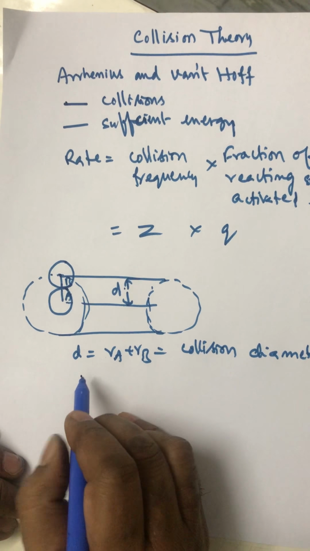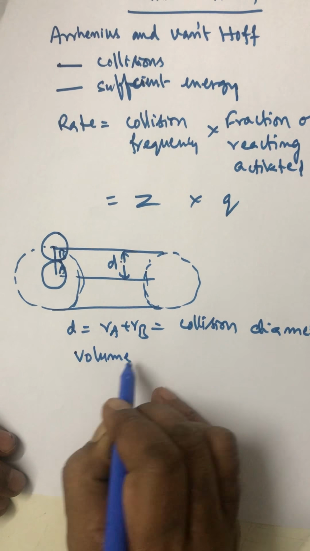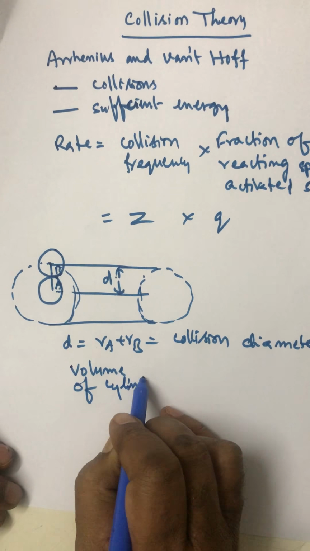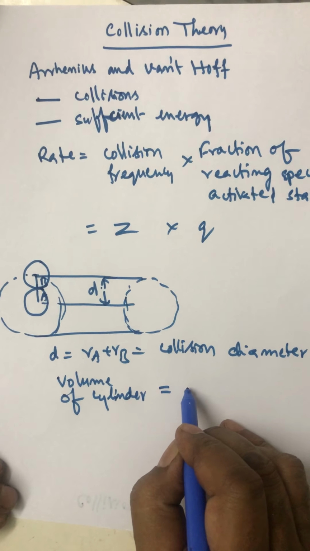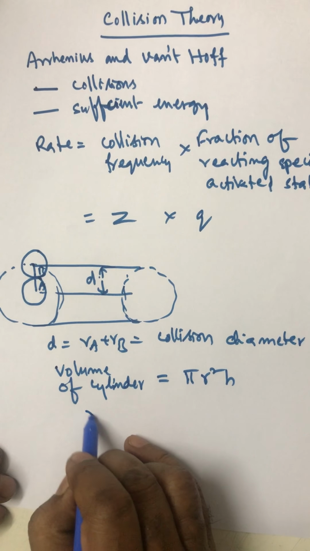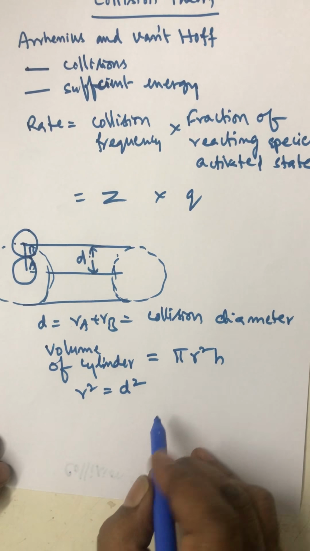So the volume of the cylinder which results while sweeping this pair in a given direction is pi r square h. R square can be written as d square.